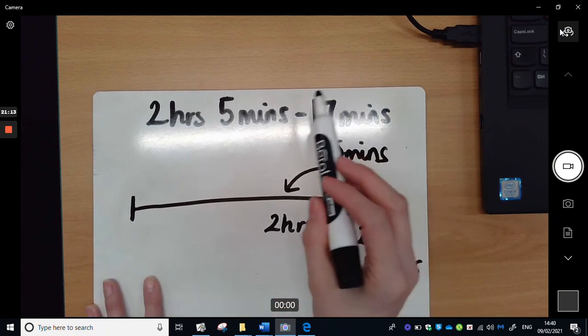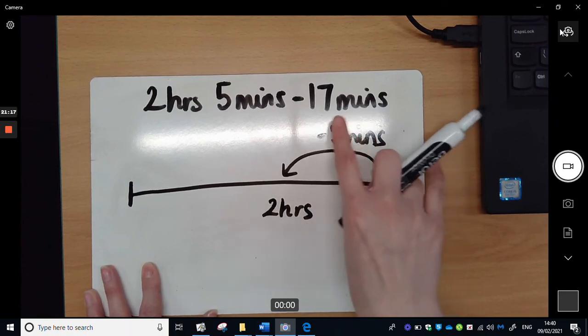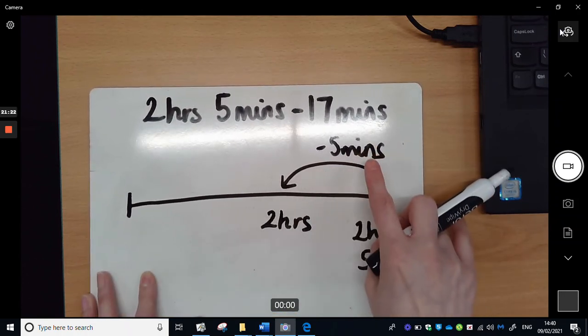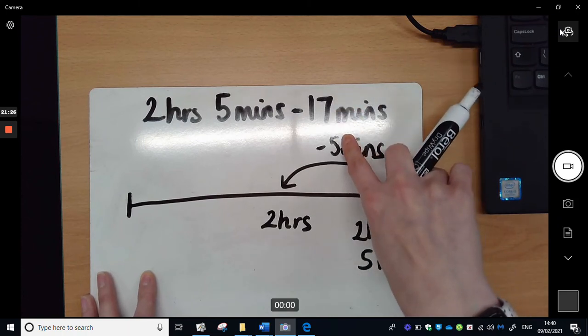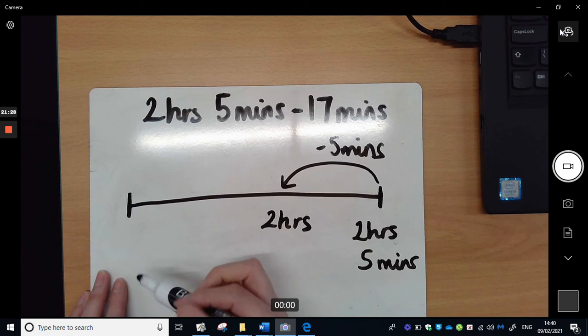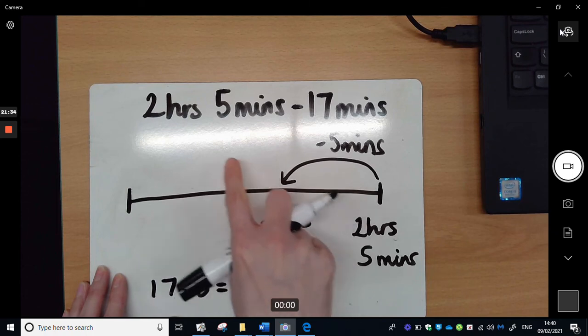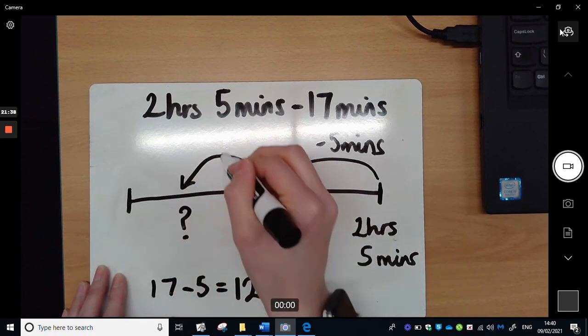So now I need to think about what else I need to take away. I wanted to take away 17 minutes. I've already taken away 5 minutes. So in my head, 17 take away 5 is equal to 12. So I need to take away another 12 minutes to find his new time.